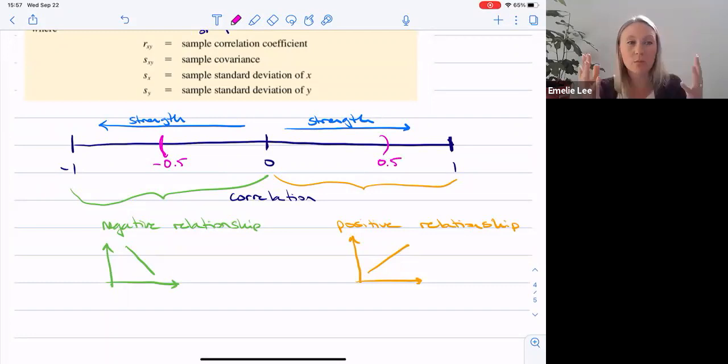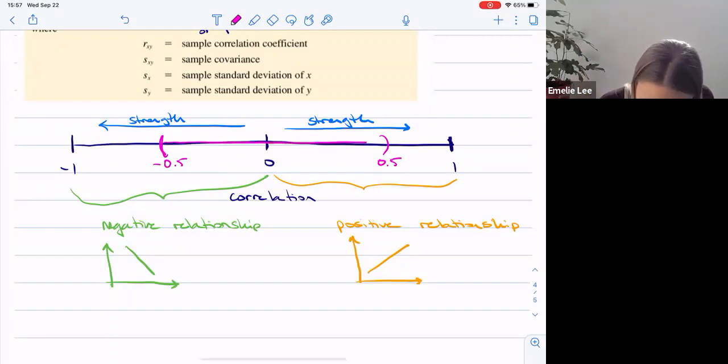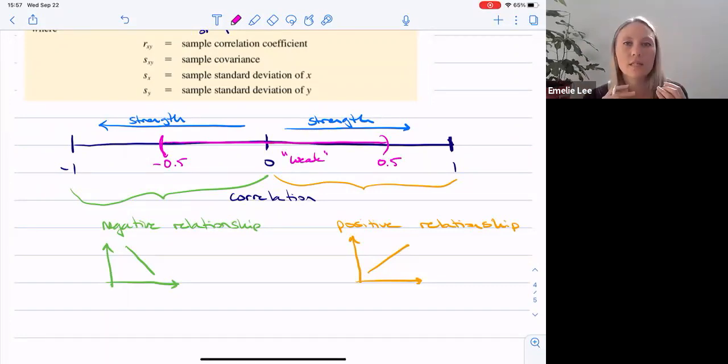Anything from 0 to roughly 0.5 in either direction, we would consider weak, right? And so basically anything here, I would call weak. And we could call it things like very weak, moderately strong, right? There's a lot of terminology that we could use, and it just depends on what you're looking at.